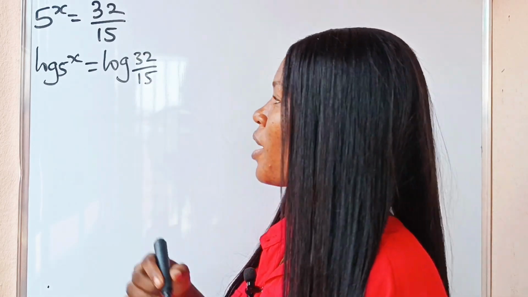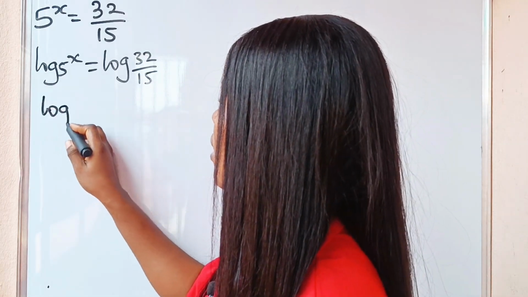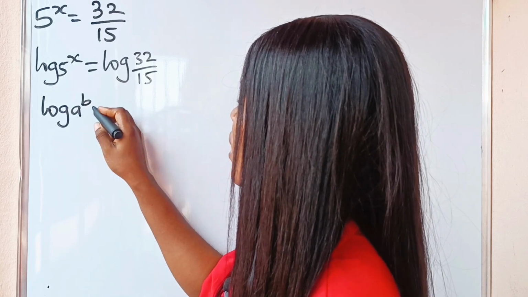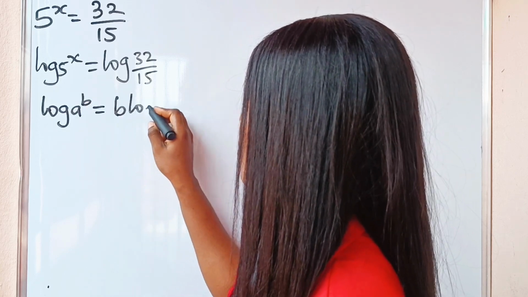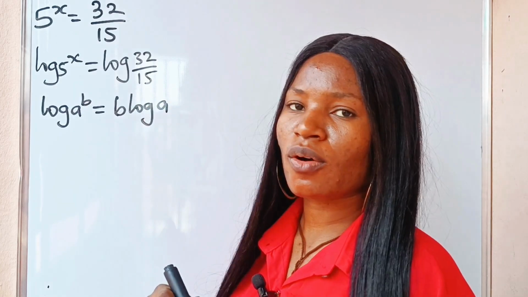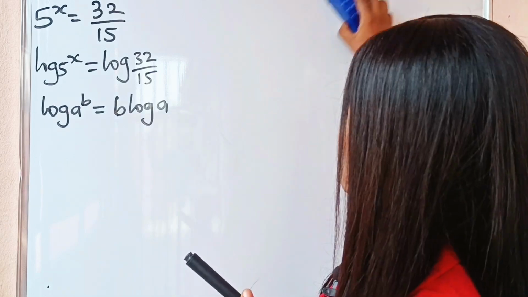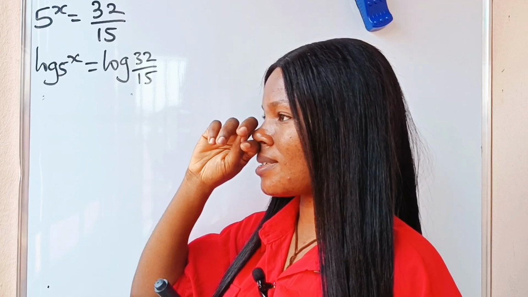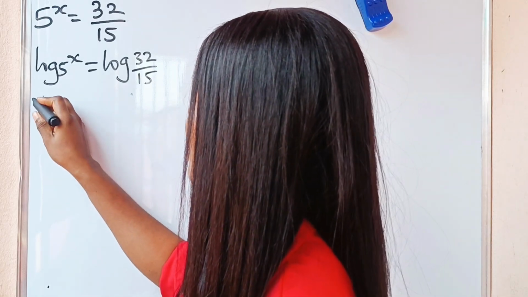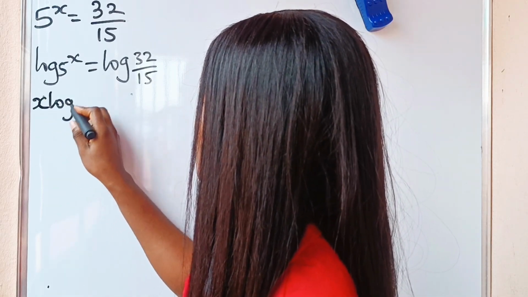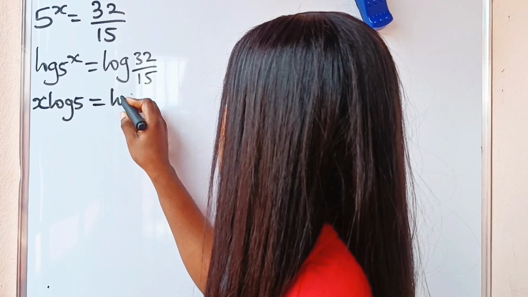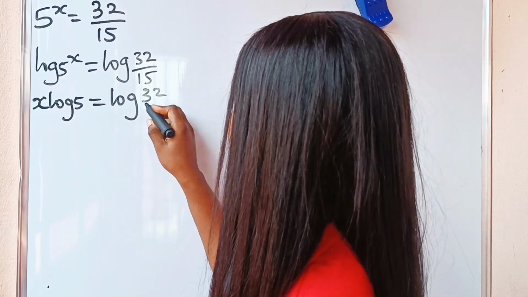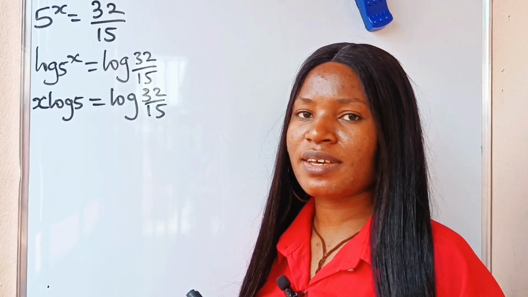Now when you have log a to the power of b, this is equal to b multiplied by log a. Okay, so that means that we can rewrite this as x multiplied by log 5 is equal to log 32 divided by 15.